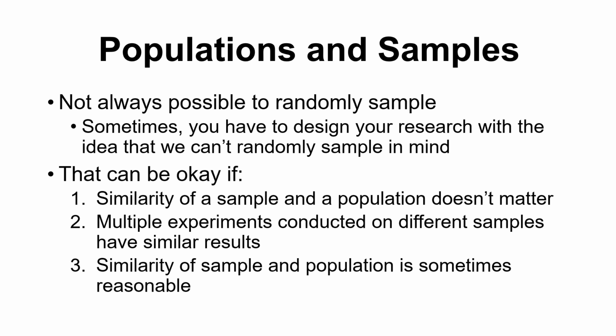It might also be okay to use a non-random sample if you're going to be using multiple experiments conducted on different samples, and if those different experiments on different samples all have similar results. So maybe you do a study and you're limited to the research pool at the University of Alberta, so you're stuck with Canadian undergrad students.